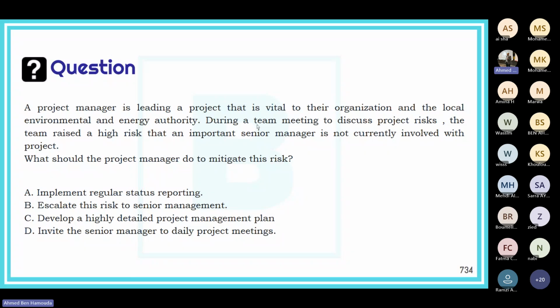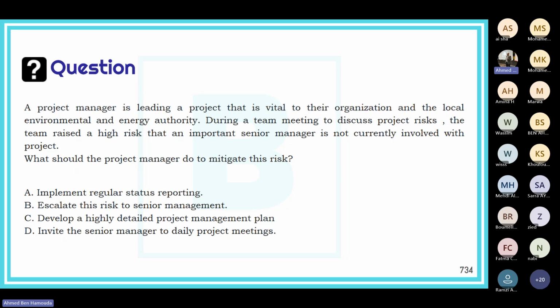Project manager is leading a project that is vital to their organization and the local environment and energy authority. During a team meeting to discuss project risks, the team raised a high risk that an important senior manager is not currently involved with the project. What should the project manager do to mitigate this risk?